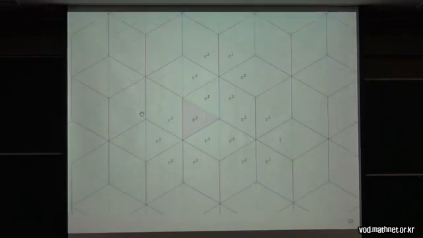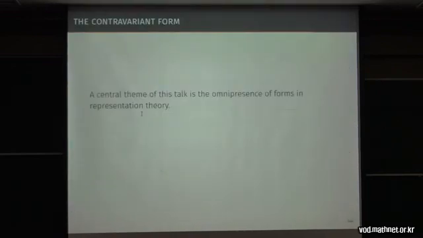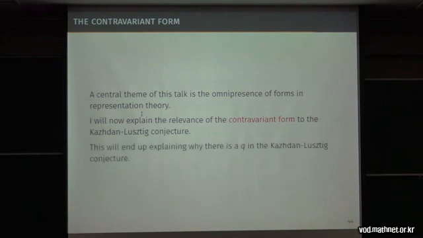So this algorithm does not work if we specialize these v's to 1. This Jantzen conjecture will explain why there's a q. Well, actually, before it was a v, but yes, q is equal to v.